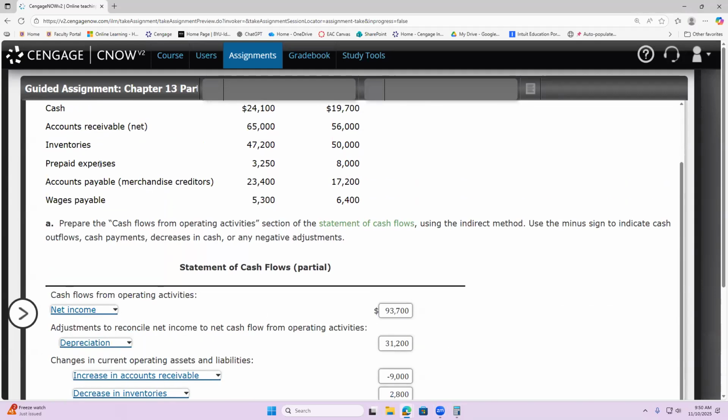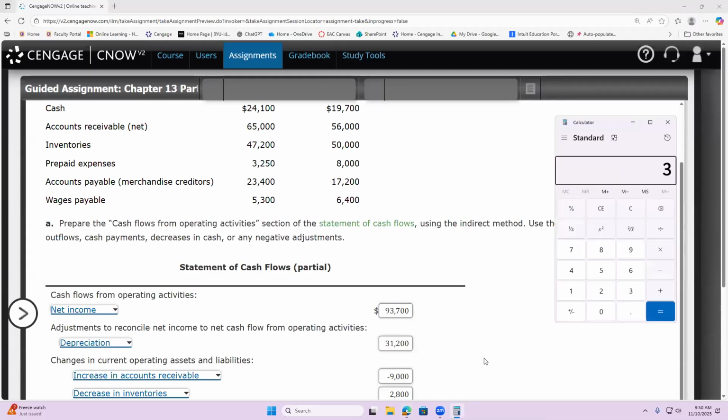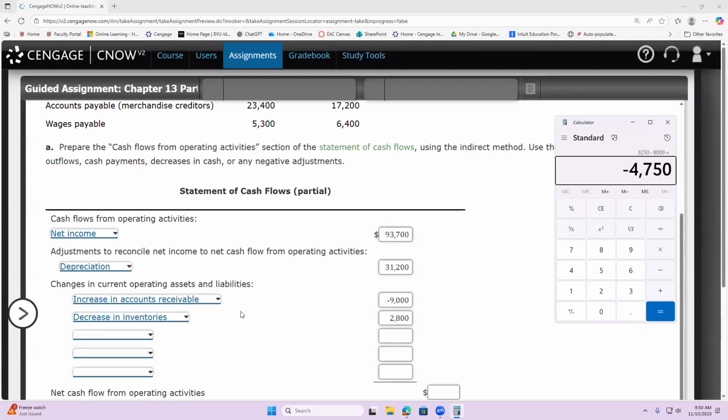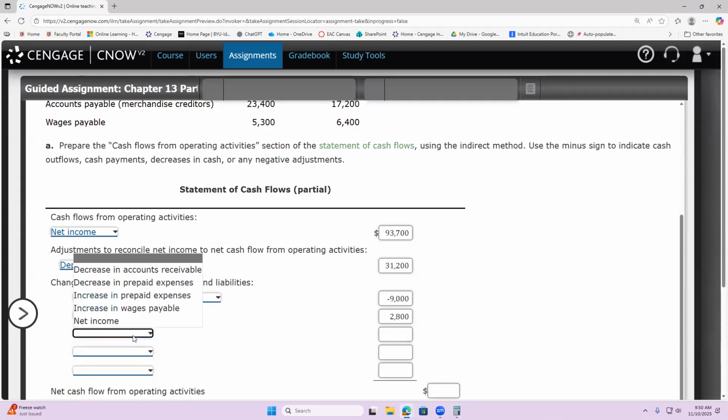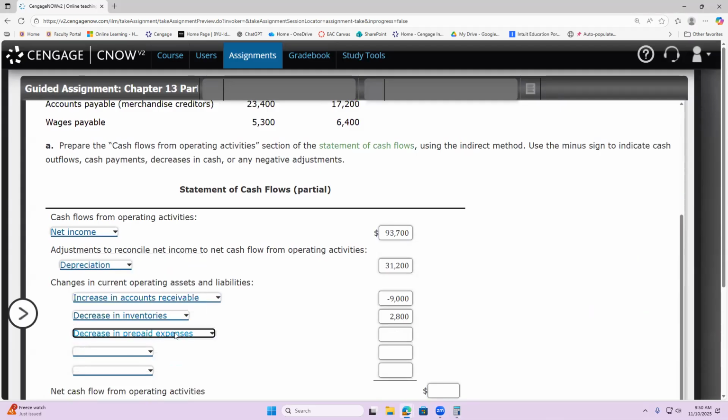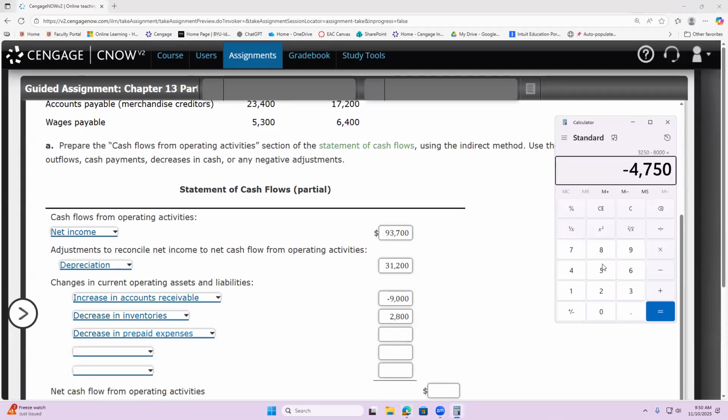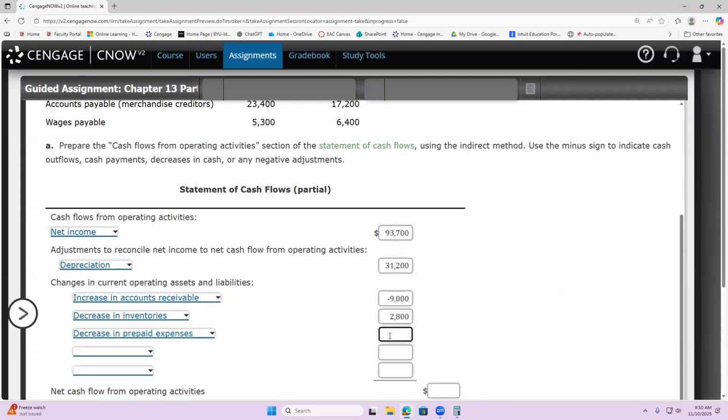Prepaid expenses, these are also assets. Had 3,250 at the end of the year, 8,000 at the beginning. So our prepaid expenses, they went down by 4,750. So we're going to say decrease in prepaid expenses. And we're going to add that because assets are opposite.